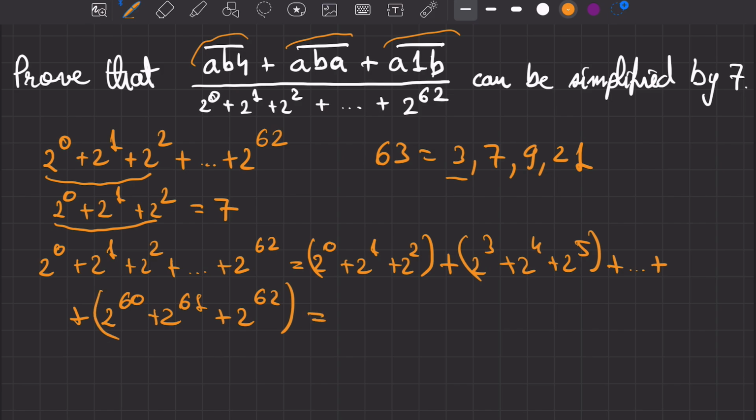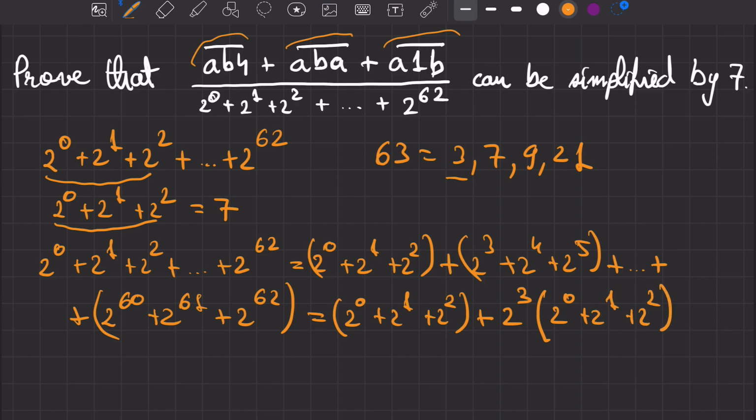And we get that. We still leave this 2 to the power of 0 plus 2 to the power of 1 plus 2 to the power of 2, plus we take 2 to the power of 3 outside of the parentheses and we get that we have 2 to the power of 0 plus 2 to the power of 1 plus 2 to the power of 2 plus and so on plus 2 to the power of 60 where we have 2 to the power of 0 plus 2 to the power of 1 plus 2 to the power of 2.